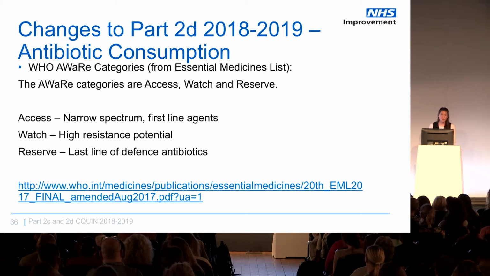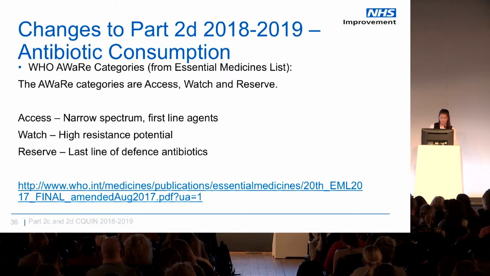So for those of you who aren't aware of what the aware categories are, Philip Howard is going to discuss this in a lot more detail in the next presentation. But essentially, the WHO aware categories are taken from the antibiotic section of the essential medicines list. The aware categories are made up of access, watch, and reserve.